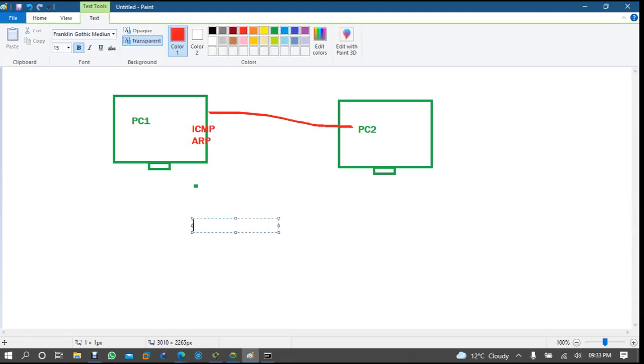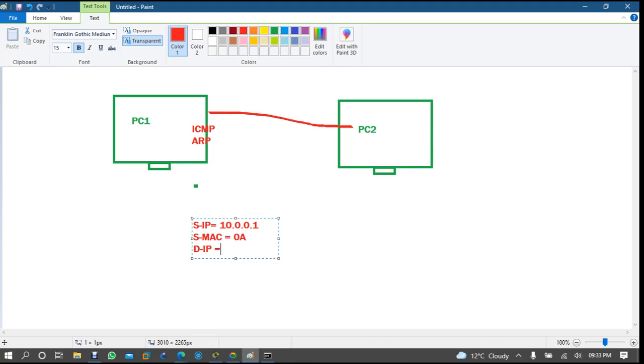The ARP packet has been generated because when you are sending any data, there will be a source IP, which is 10.0.0.1. Of course there will be a source MAC, because I am the source and I know my source MAC, suppose 0A, something like that.